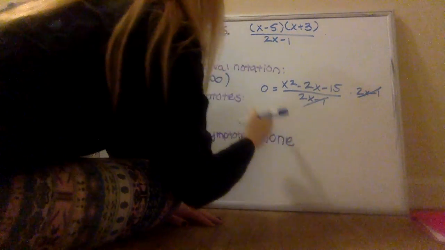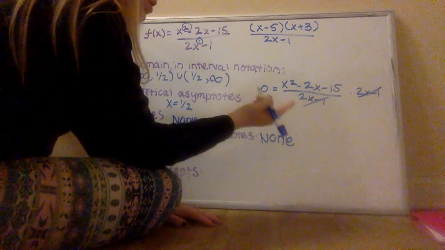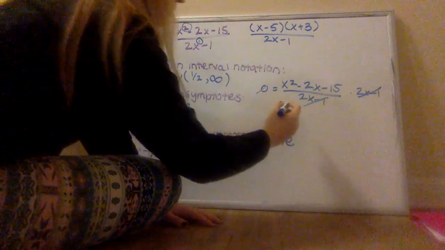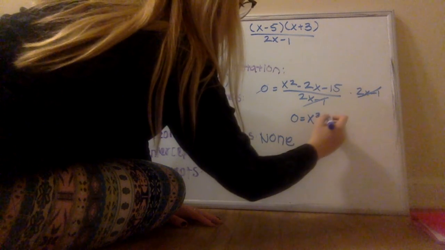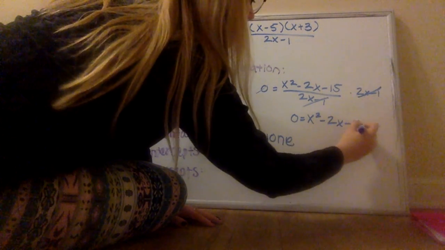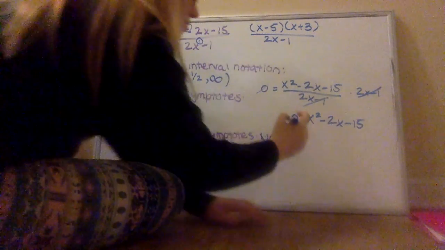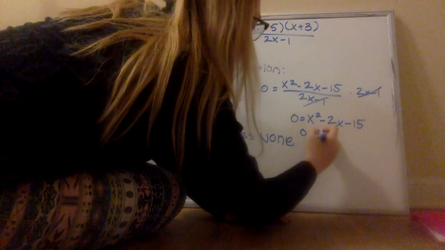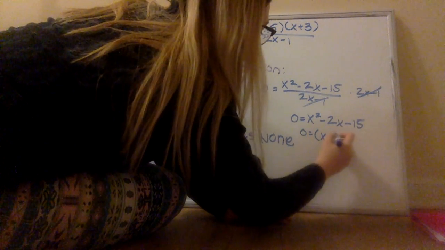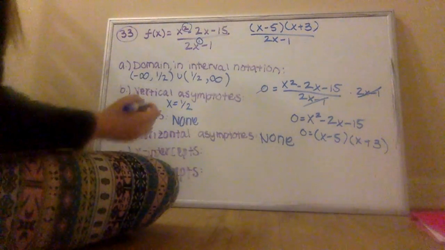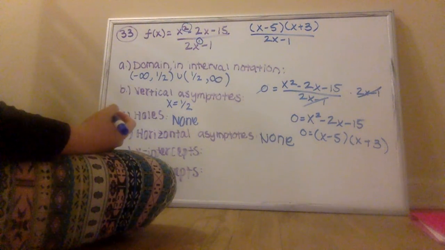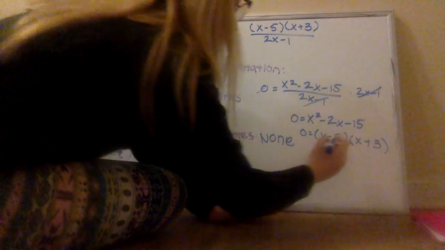It cancels on this side, then anything multiplied by 0 is just 0, so we're left with 0 is equal to x squared minus 2x minus 15. We can factor this into x minus 5 times x plus 3 to make that a little easier. So then we're going to set each of these equal to 0.